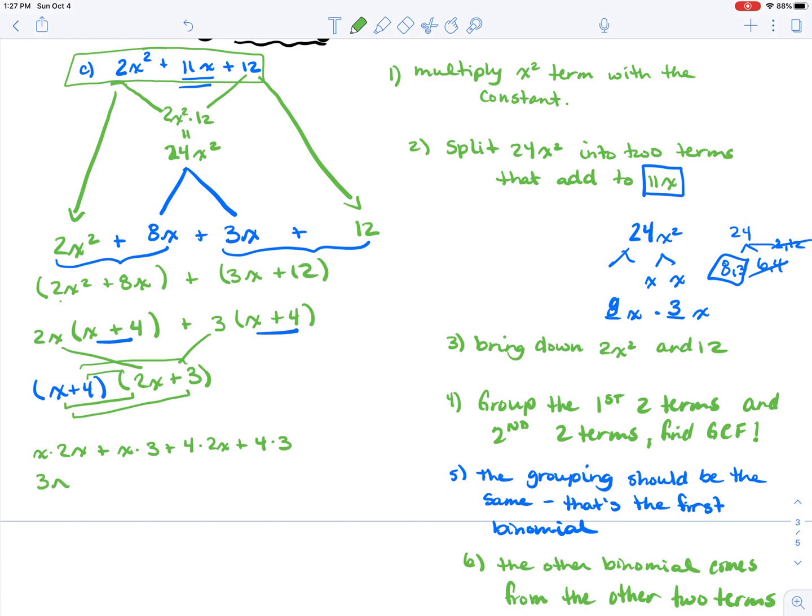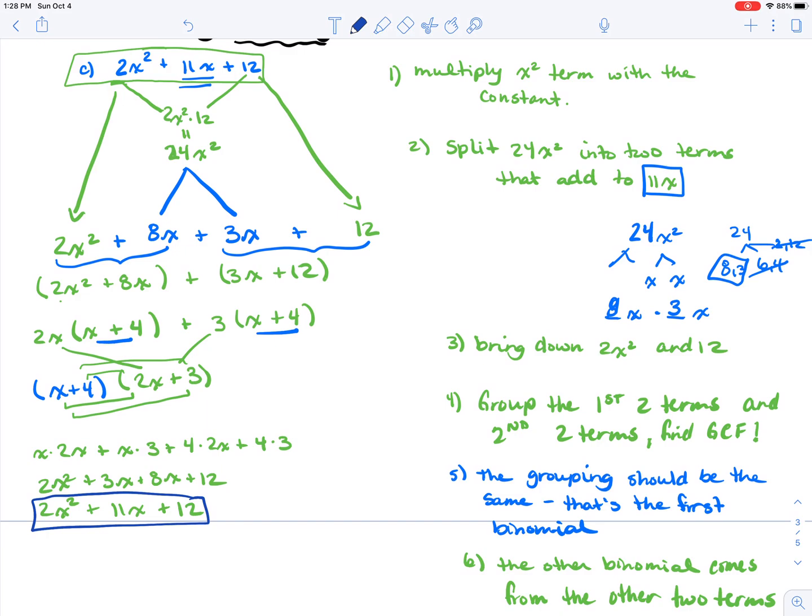That leaves me with 2x squared plus 3x plus 8x plus 12. Oops, that's 2x squared, not 2x. That leaves me with 2x squared plus 11x plus 12. Is that what we started with? Yes, it is. 2x squared plus 11x plus 12.